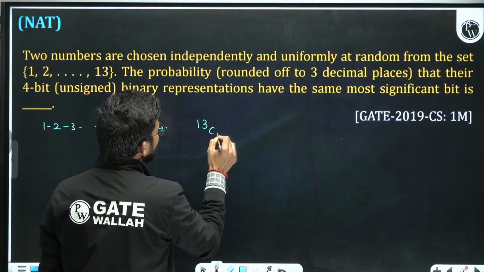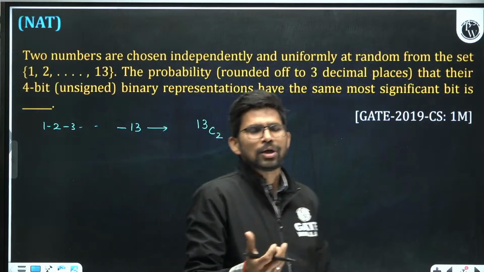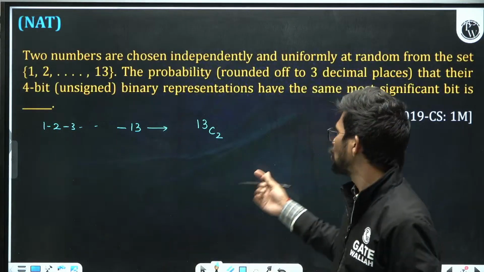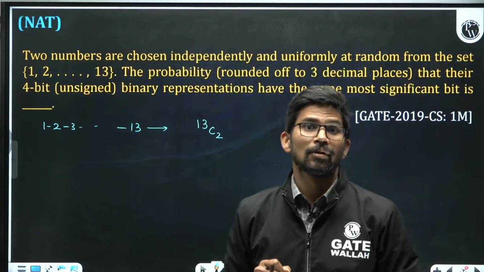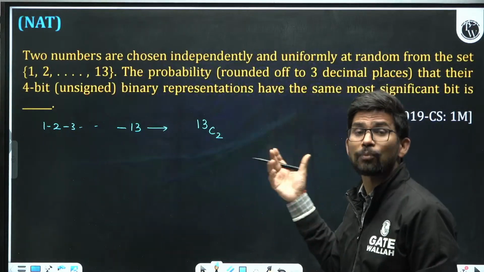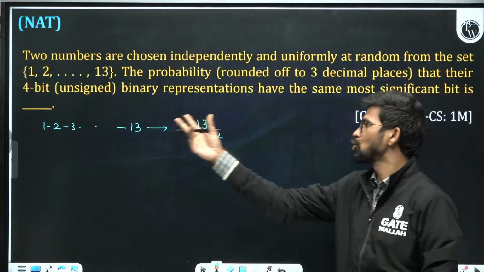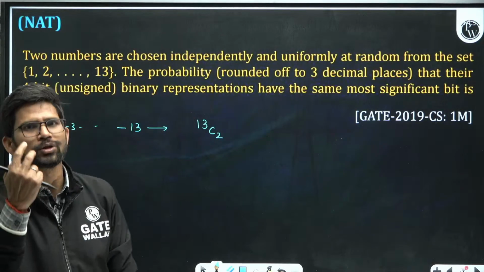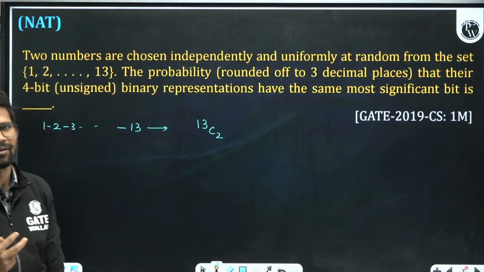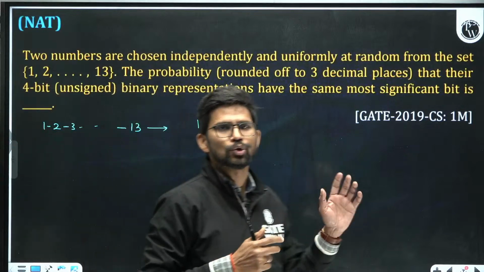Out of 13 numbers, choosing any two at a time gives 13C2 combinations, because there are 13 numbers in total and you are taking two at a time.